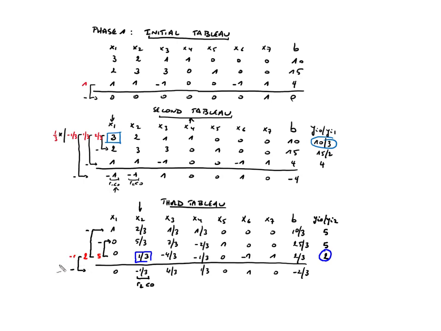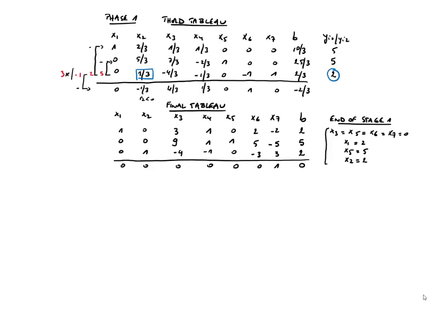And what we'll have to do is multiply the whole equation by the inverse of the pivot, so we'll have to multiply by 3.